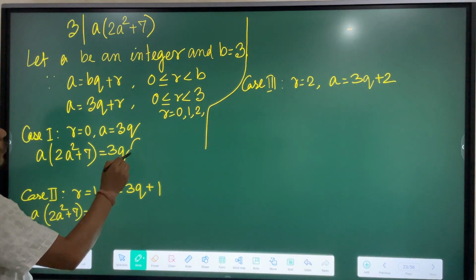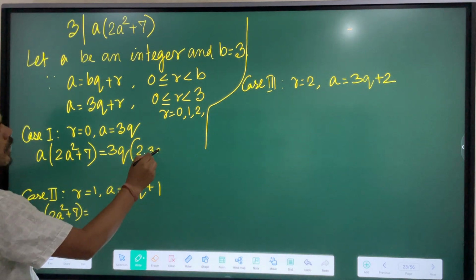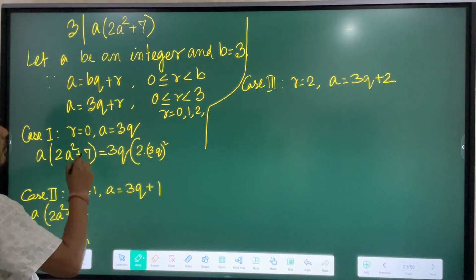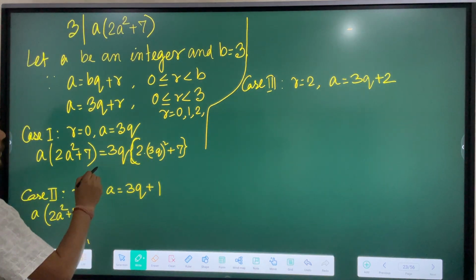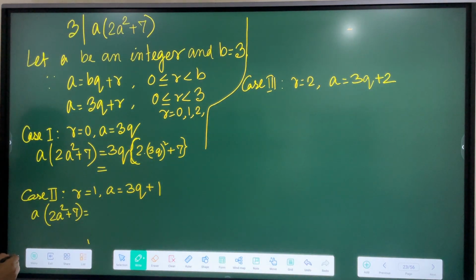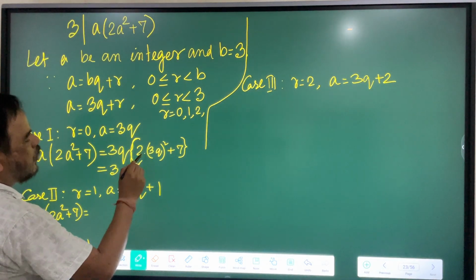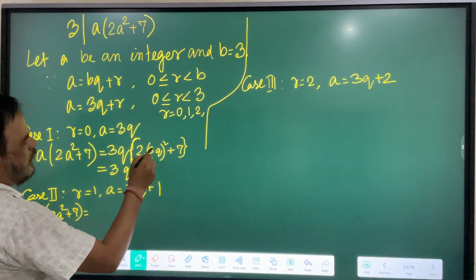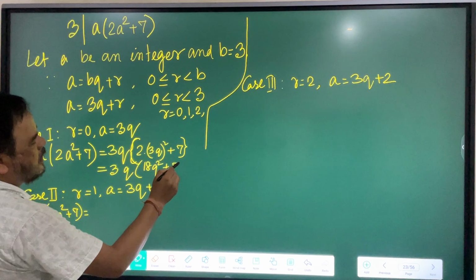2 into a square, 3q square plus 7. This one you can write. So 3q into 3 square is 9q square, 18q square plus 7.